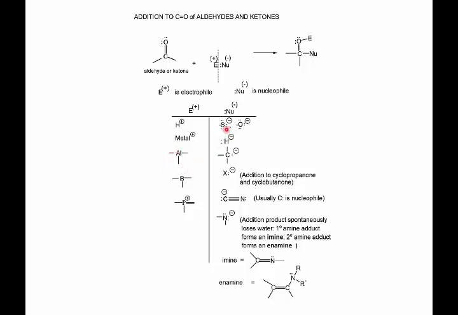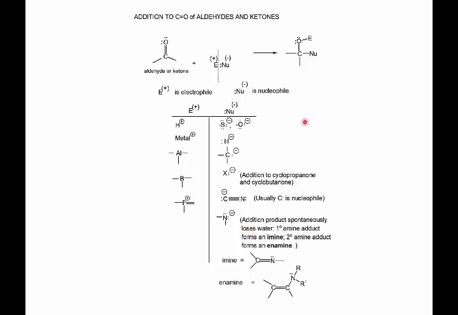Nucleophiles include a negatively charged sulfur or oxygen, a hydride ion, a carbanion, a halide ion, although this is less common, cyanide ion, where generally the carbon is the nucleophilic atom, and then the N minus of an amine. And this one has a complication with it, which we'll go into detail later on.